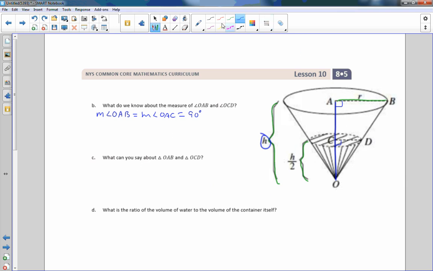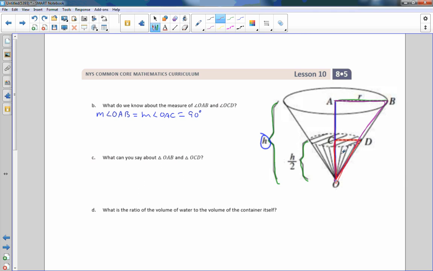So now we're talking about triangle OAB, so let me erase this. Okay, the triangle OAB, let me do that in purple. This is triangle OAB right here. And OCD. So OCD is right here.